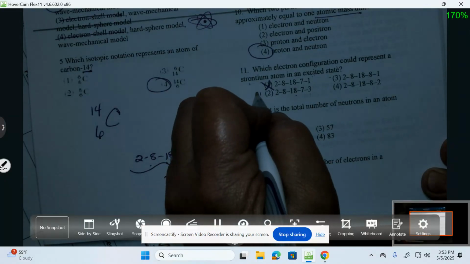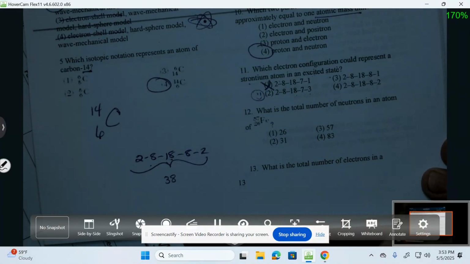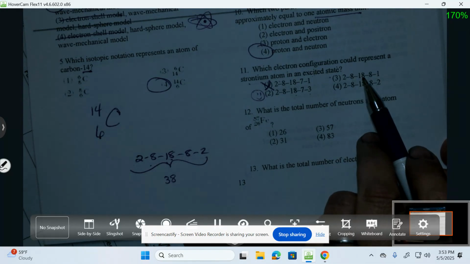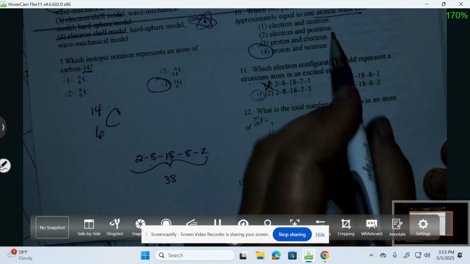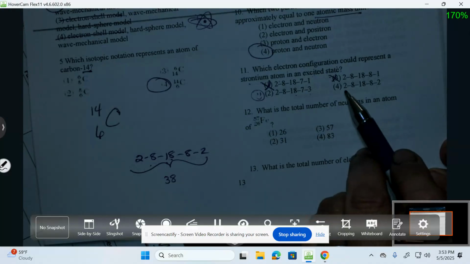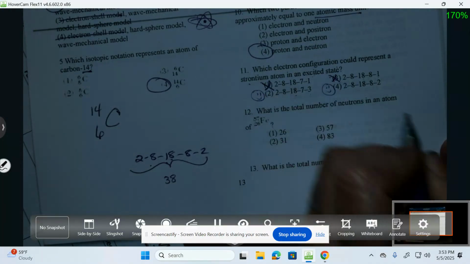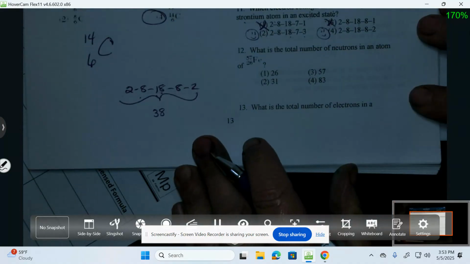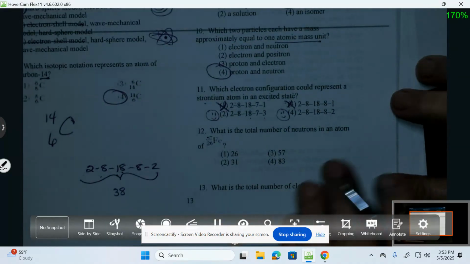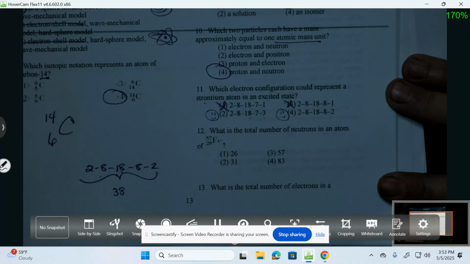This one's got potential. 2, 8, 18, plus 9, nope. 2, 8, 18, plus 10, this one has potential. Okay, so now they both add up to 38. Which one's the excited one and which one's the ground one, and why?